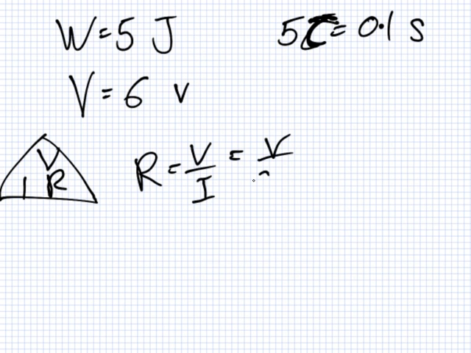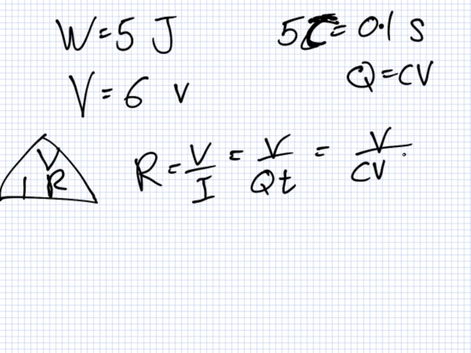But I have another formula for I. I is also Q over T. Do I know the T? Yes. Do I know the Q? No. But I have another formula for Q. Q equals CV. So this will be V over CV over T, which will be 1 over CT.